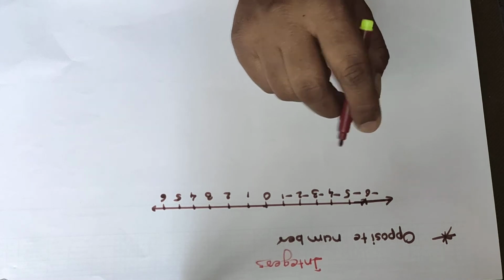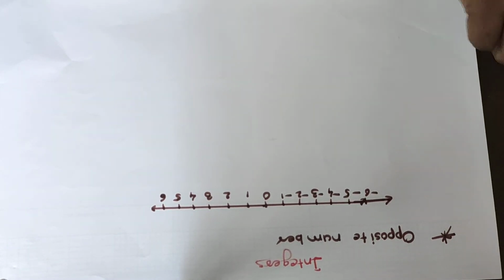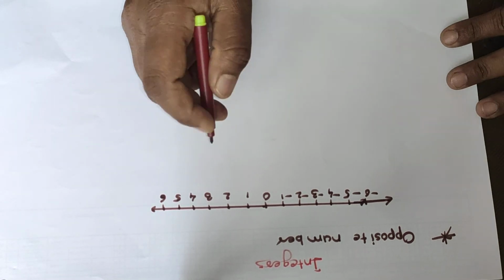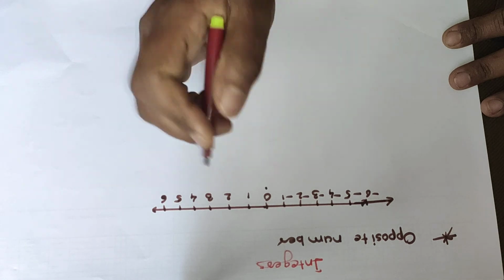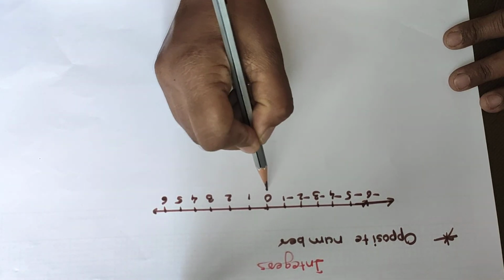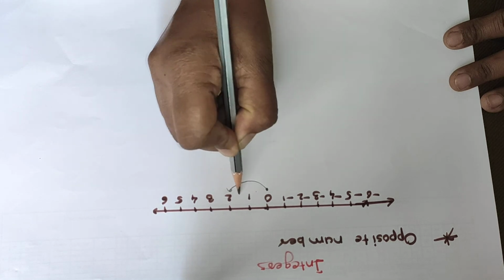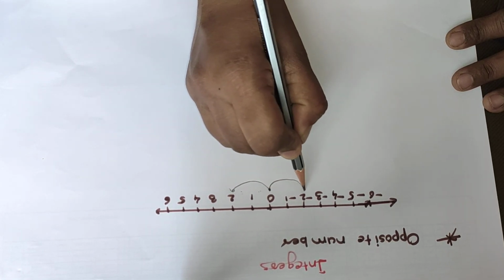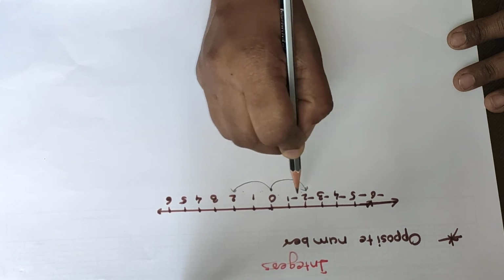So we have to see the opposite numbers. If you see here, opposite numbers are at the same distance from the 0 but in the opposite direction. This is the 0. From 0, where is 2? After 2 gaps, 2 is there, and on this side after 2 gaps, here it is minus 2.